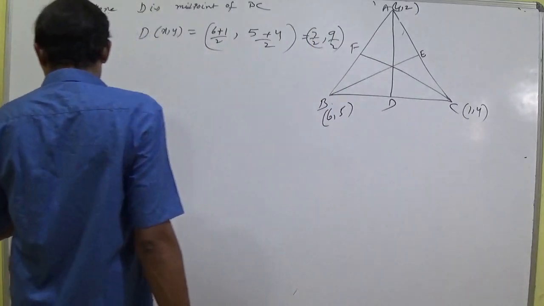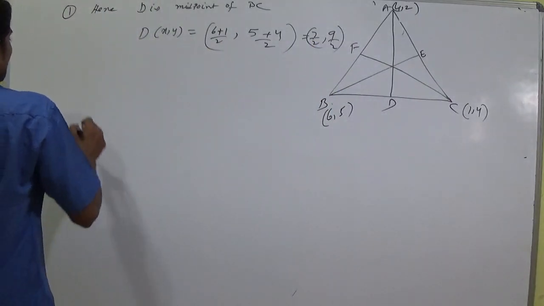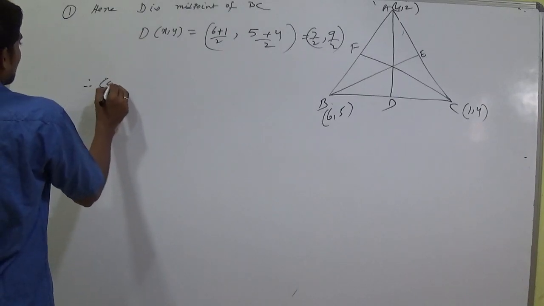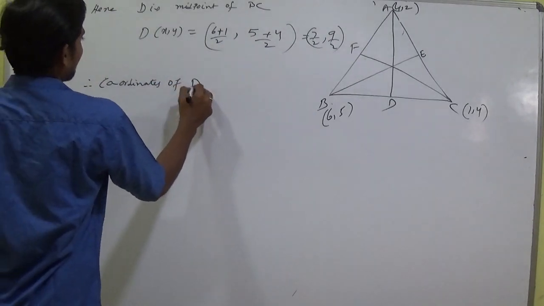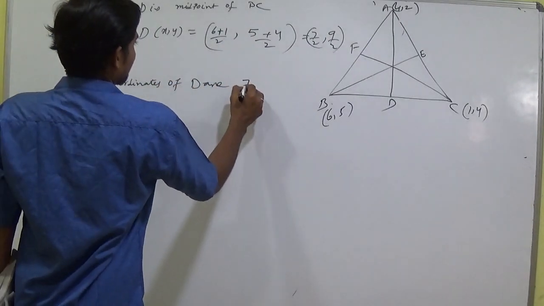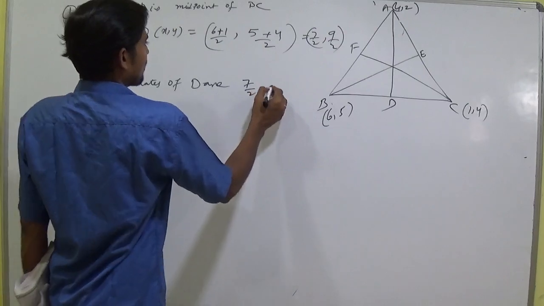Therefore, coordinates of D are (7 by 2, 9 by 2).